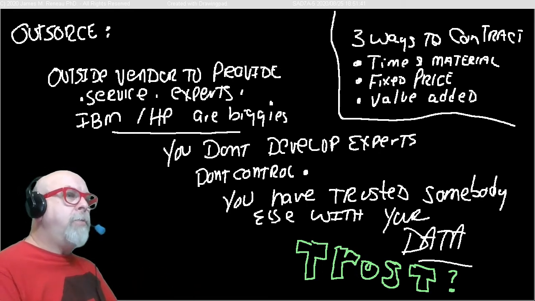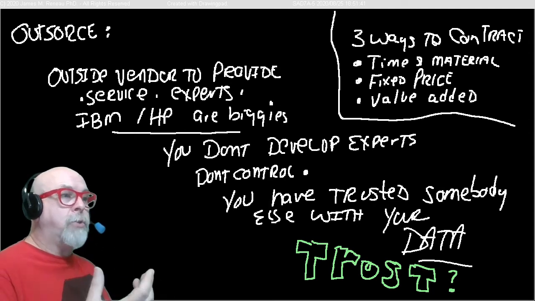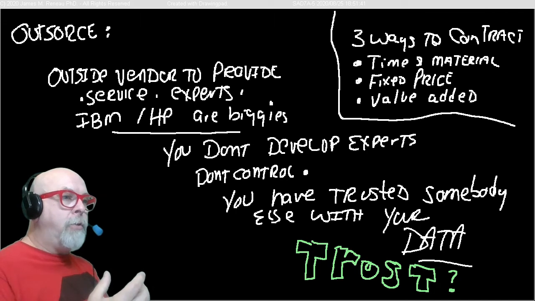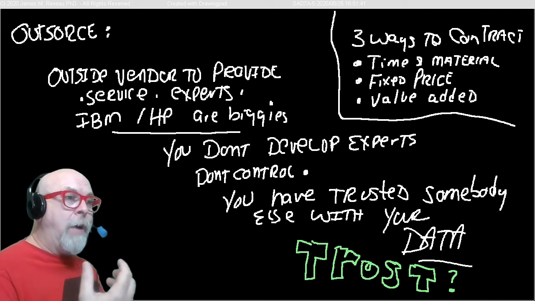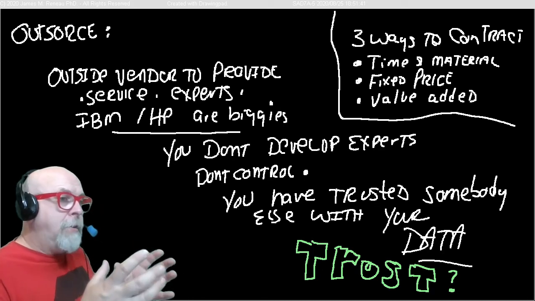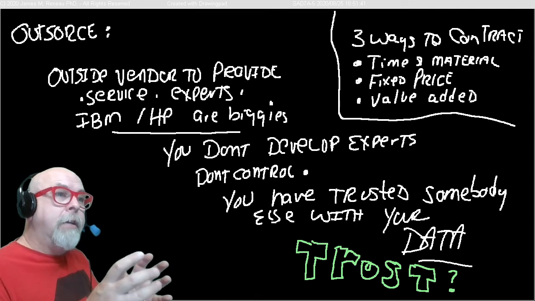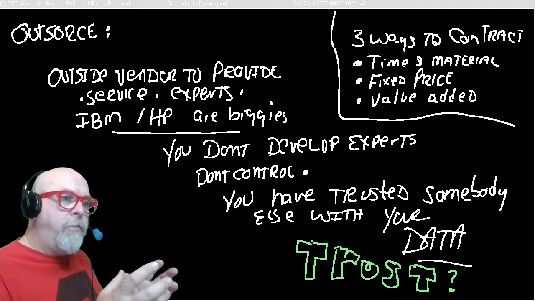You don't develop much internal expertise at all when you outsource something. You don't control the data when you outsource something. You've basically given your data to somebody else, and you've got to have a complete trust in that outsourced vendor.